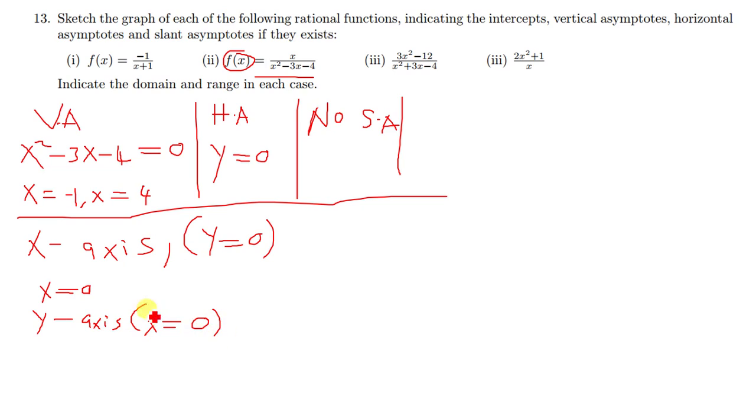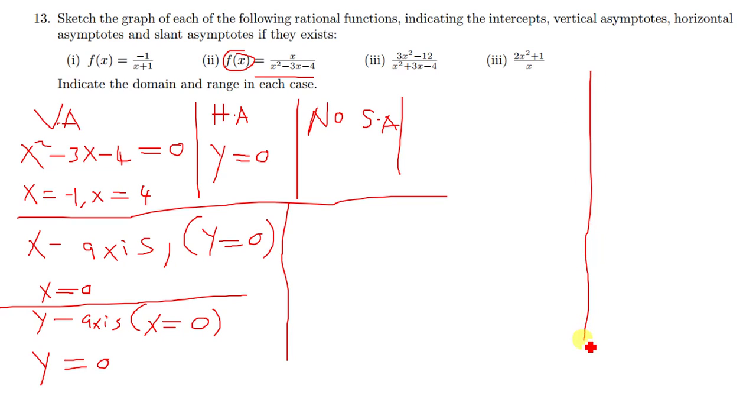So where there is x, you put a 0. Your y-intercept will just be equal to 0, because when you put 0 for x everywhere there, you discover that y will just be equal to 0. What else is remaining? I think we can now go into sketching.